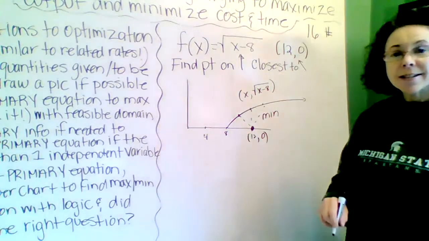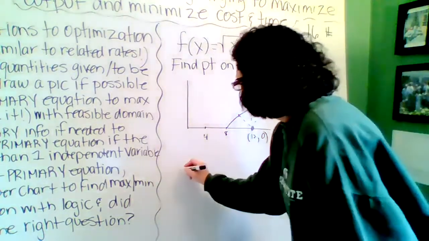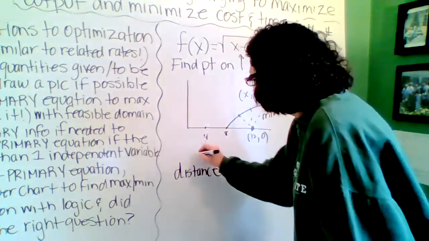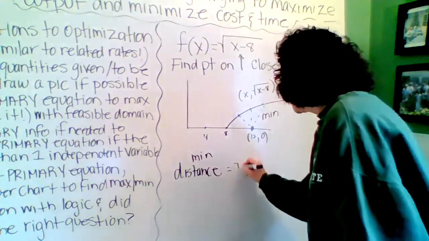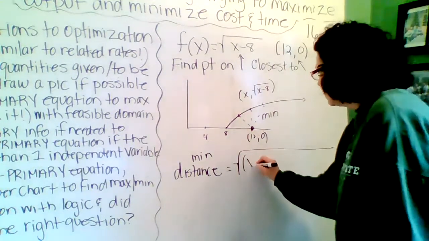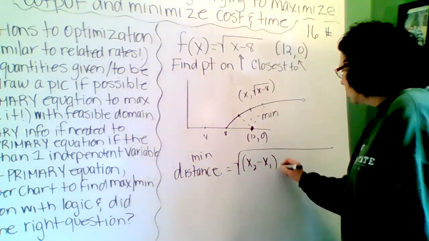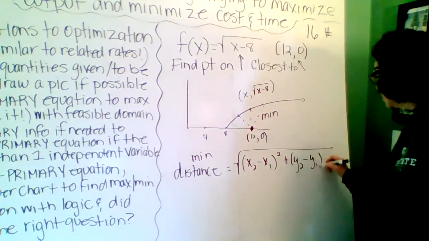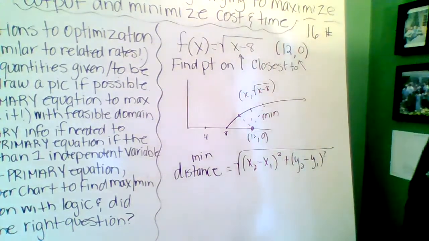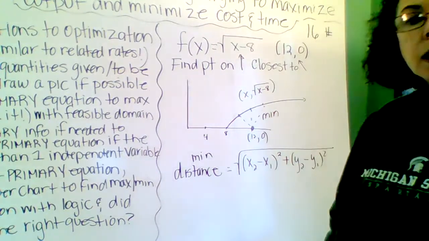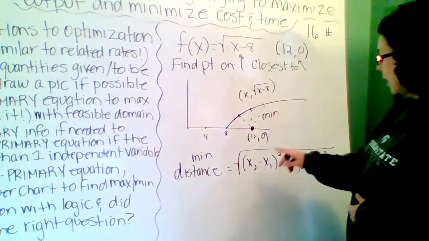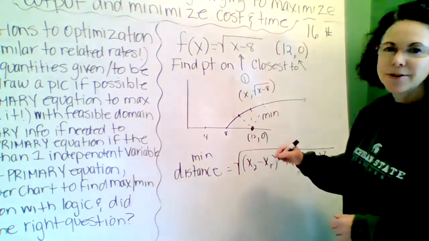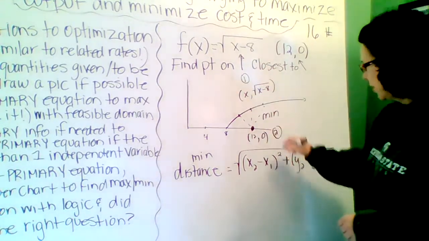So I'm trying to minimize the distance between these 2 points. Well, let's use the distance formula, right? The distance formula is what I'm trying to minimize, and that is the square root of x2 minus x1 squared plus y2 minus y1 squared. So let's just call the point that they gave us the first point, not that it matters, it'll all work out the same, and let's call this the second point.